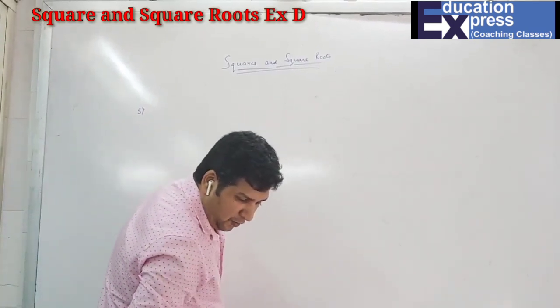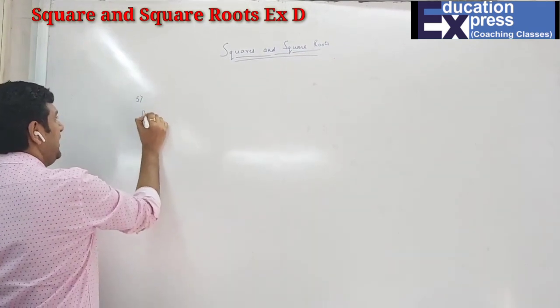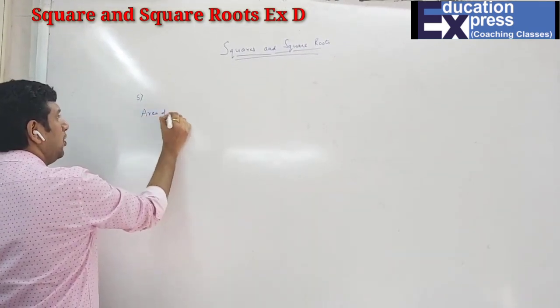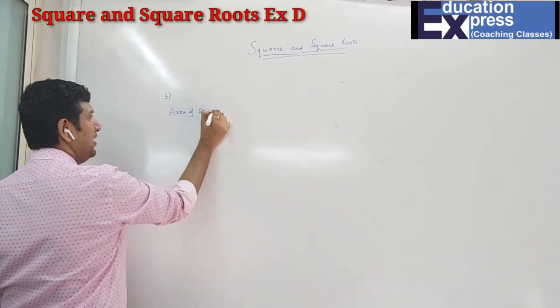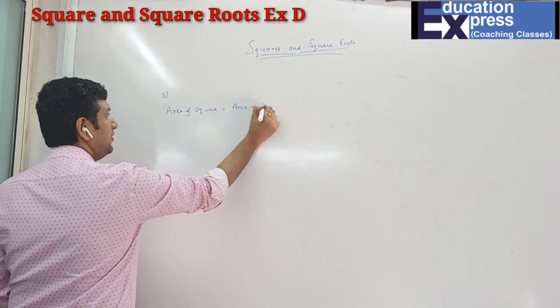Find the length of each side of a square whose area is equal to the area of a rectangle. That means the area of a square they have given us is equal to the area of a rectangle.